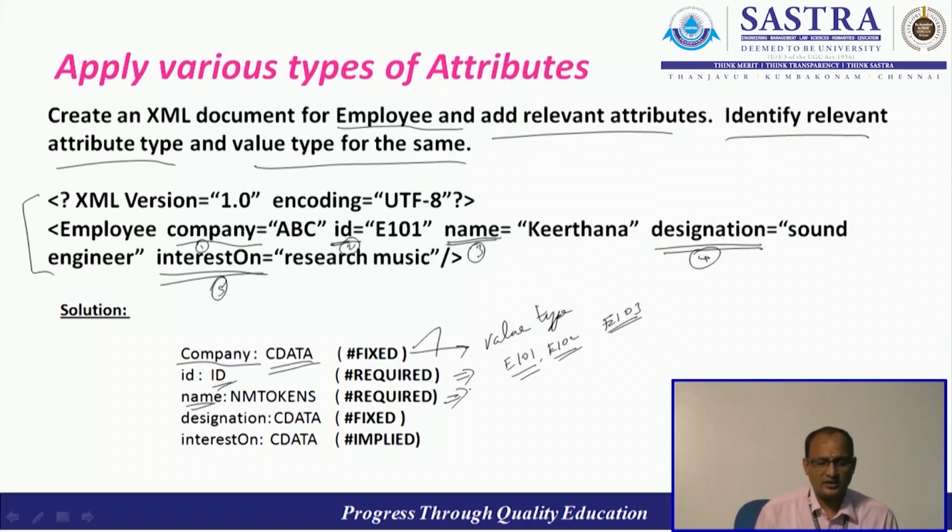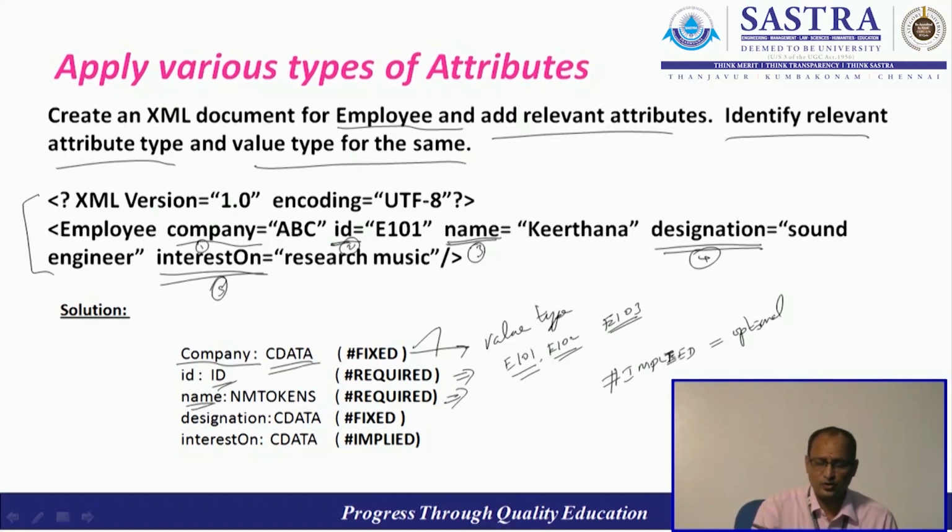required. I have previously discussed the three value types for an attribute. It may be #IMPLIED, which is optional. This value is optional.